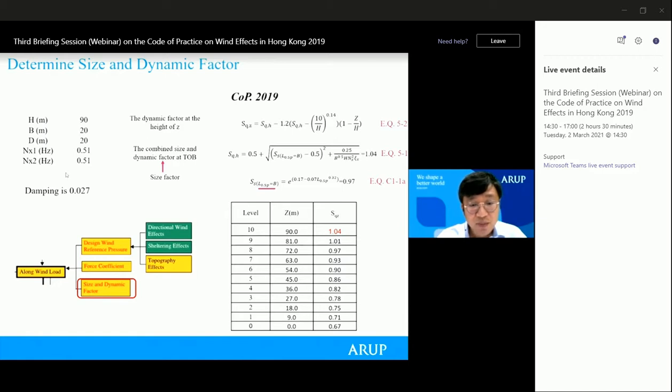It is related to the geometry, the natural frequency, and also the damping ratio. With all those brought in, we can calculate the size and dynamic factor at the building top as 1.04. Then following the equation in 5.2, we can calculate the size and dynamic factor for all the building height. This is also listed in the table below. That varies from 0.67 at the bottom to 1.04.